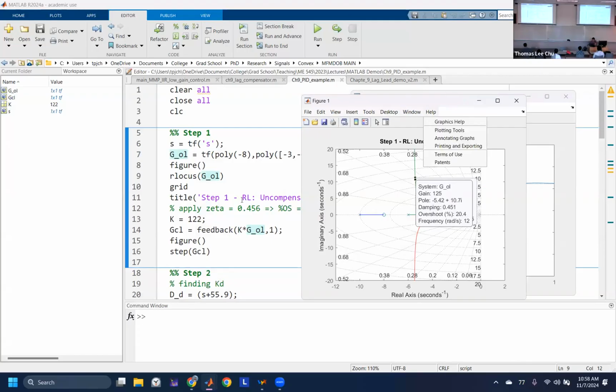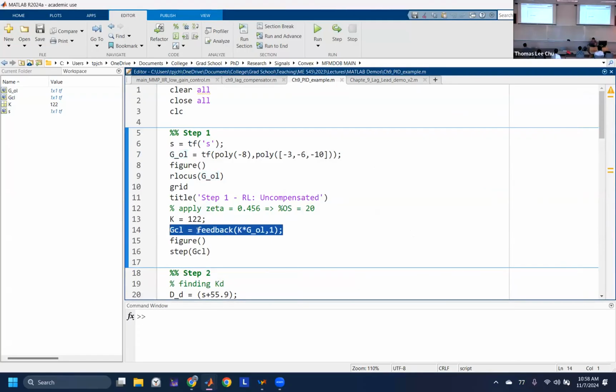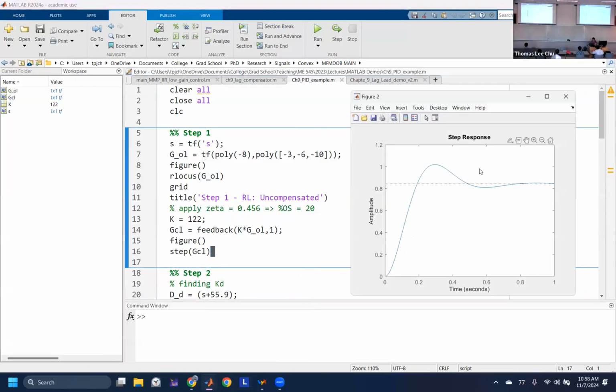And then what I do here is I put it into the closed loop transfer function form with kg, and then I do step. And our original calculation says that our peak time we calculated to be 0.296 seconds. So let's see if the second order approximation is correct. That's our peak response.